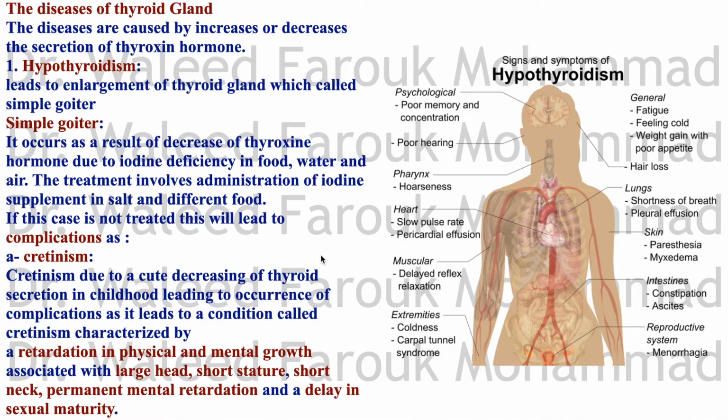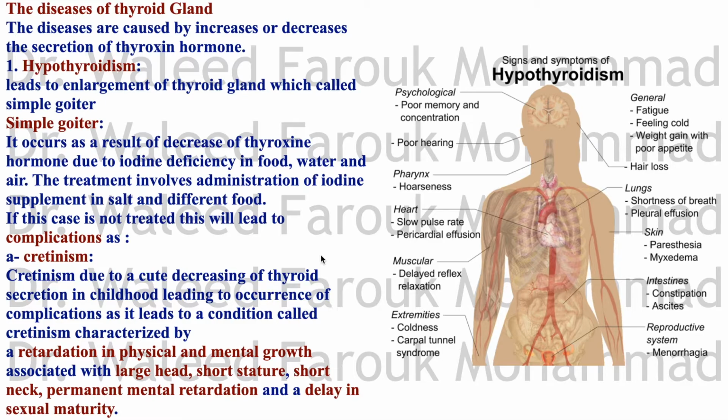And also there are other types of hypothyroidism like cretinism. Cretinism is due to the acute decrease of thyroid secretion in childhood. So in childhood, it produces cretinism. What does a cretin look like?